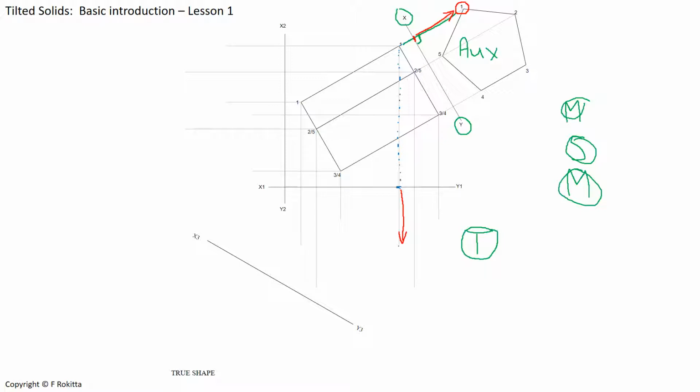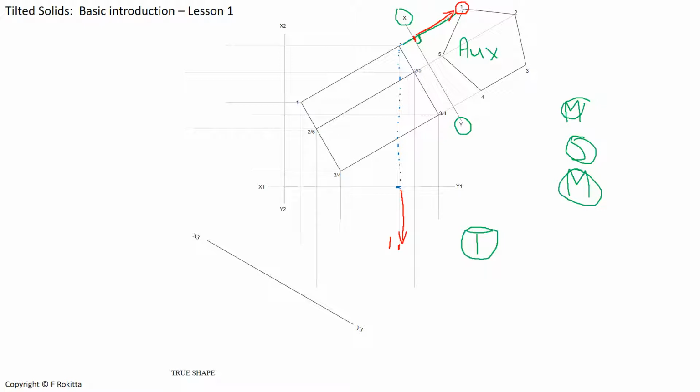And I will immediately place a dot on my top view and label that dot right away. It is a good practice to immediately label a measurement that you have carried over. Otherwise, you will end up with a lot of dots and you will not know which one belongs to each label.